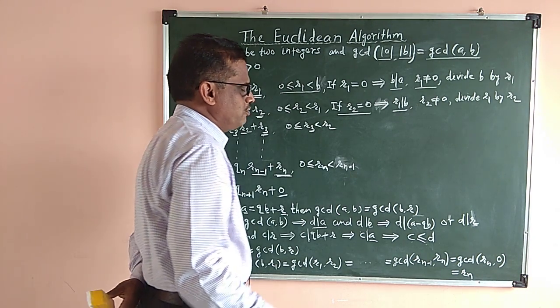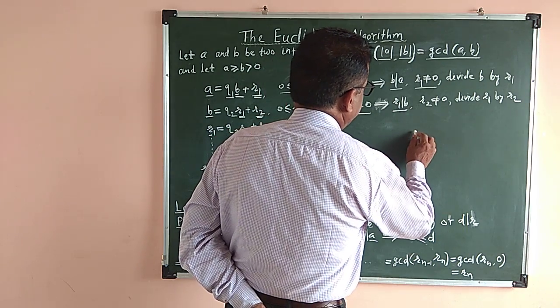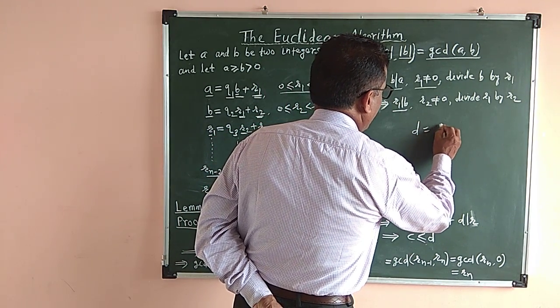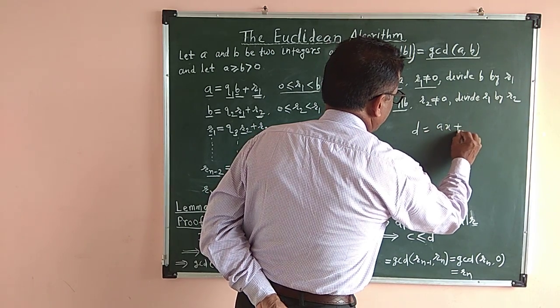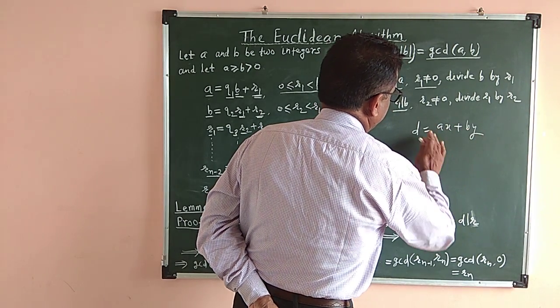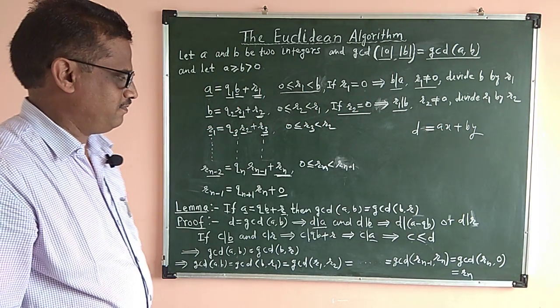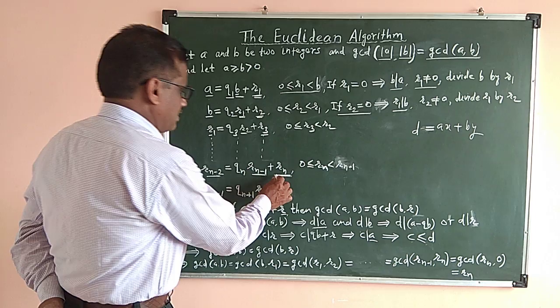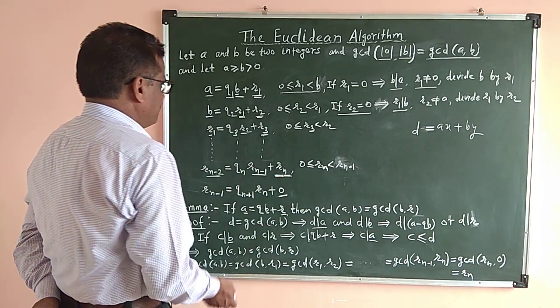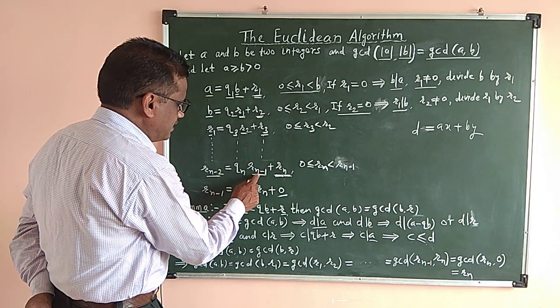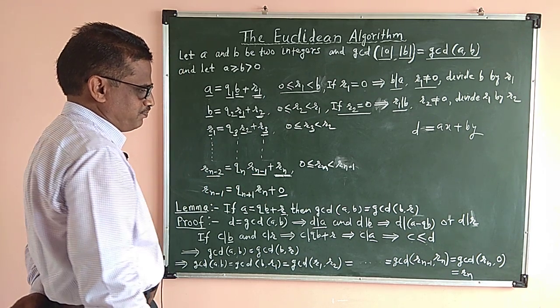Because we know every GCD D can be put in the form of a linear combination of A and B, that is, D is equal to AX plus BY. So here Rn is the GCD of Rn minus 2 and Rn minus 1.